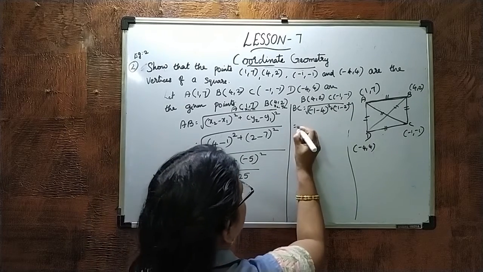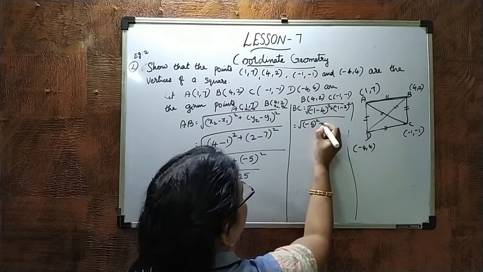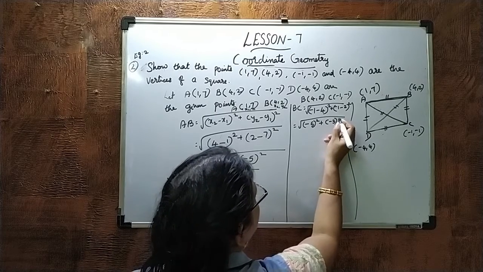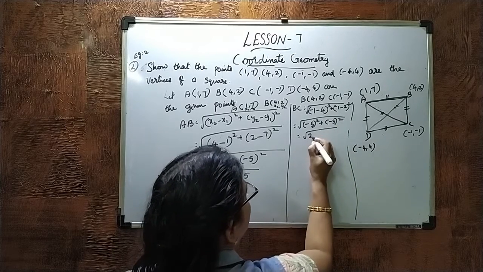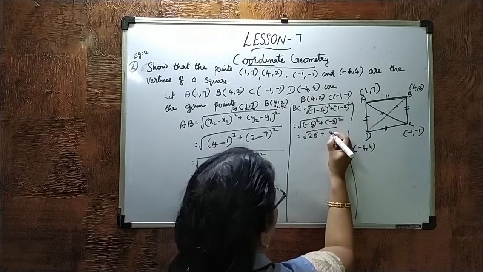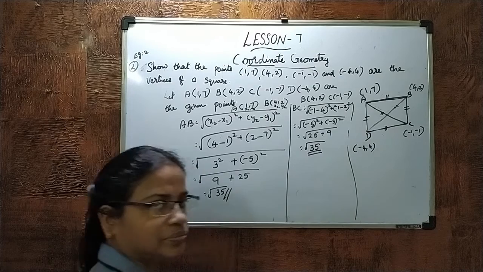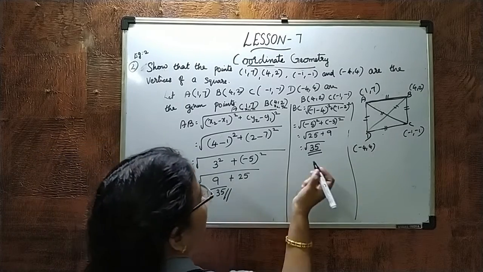So it will be root of (-5) the whole square plus (-3) the whole square. It is 25, since -5 into -5 is positive 25, plus 9, you will get the answer root 35. BC also you got.